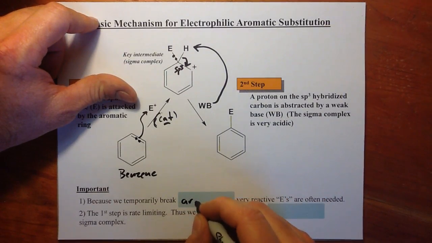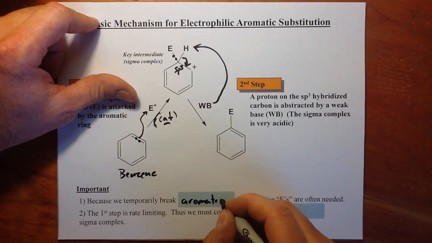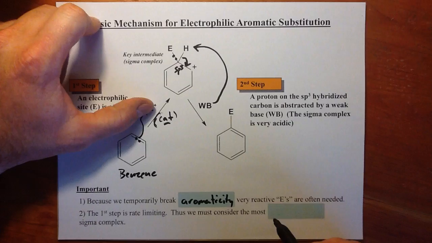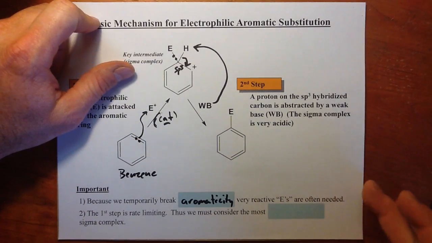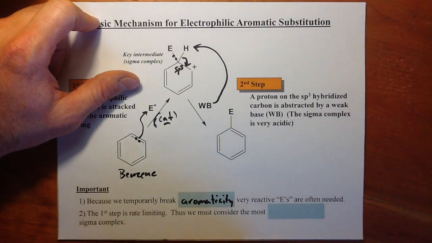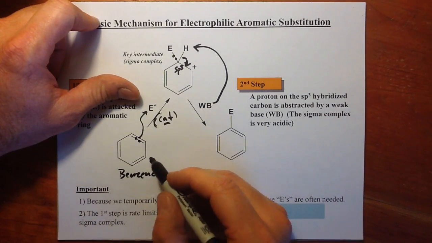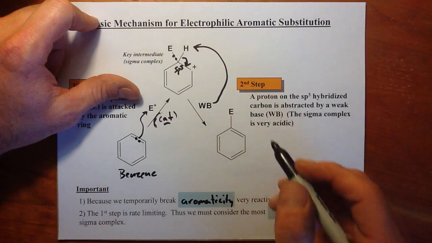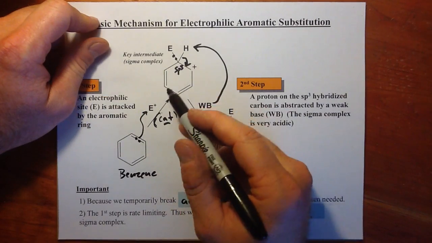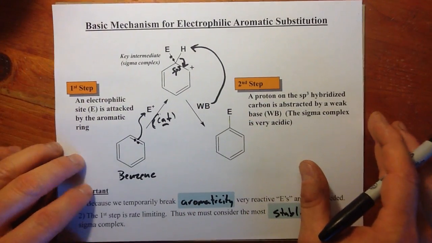Because we temporarily break aromaticity, we need to use very reactive electrophiles, and we do that by adding, in most cases, a catalyst. Not always. First step is the rate limiting step because we're going from aromatic to non-aromatic. Thus we must consider the most stable sigma complex or cyclohexadienyl cation.